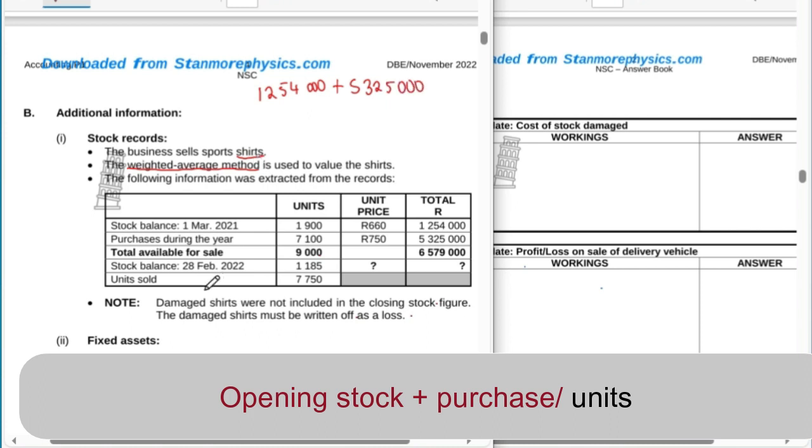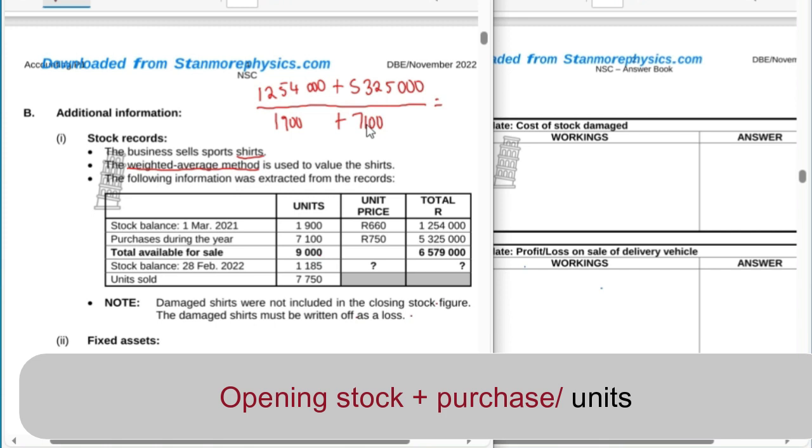In this case, we don't have any carriages or returns, so we are just going to divide by their units. Units for opening is given as 1,900. Then we write our 9,900, plus units for purchases, which is 7,100, and then equals how much?